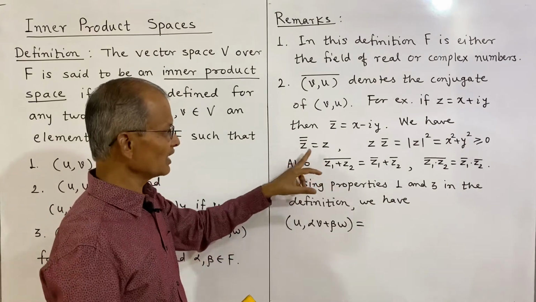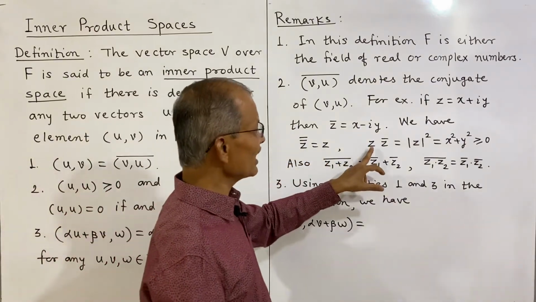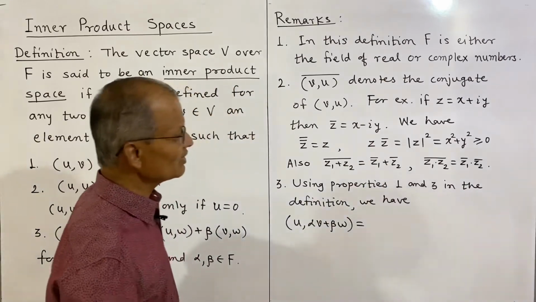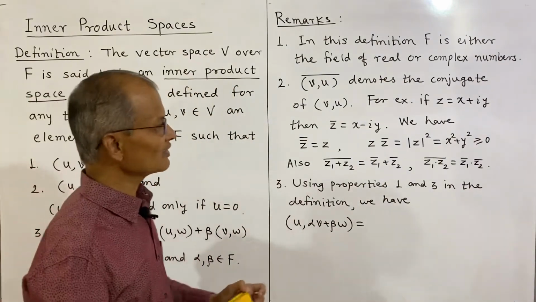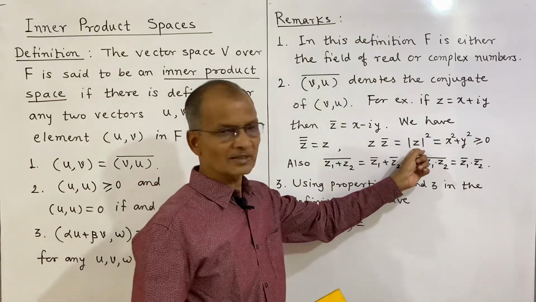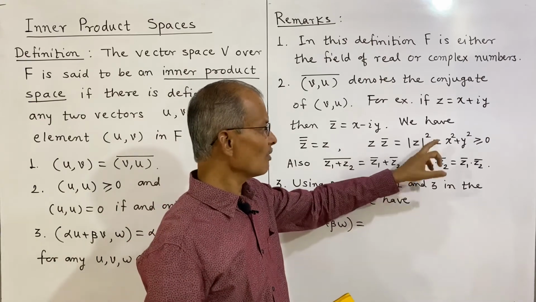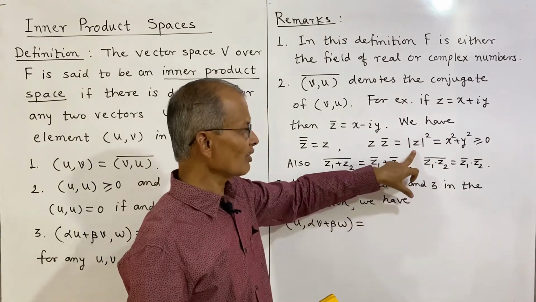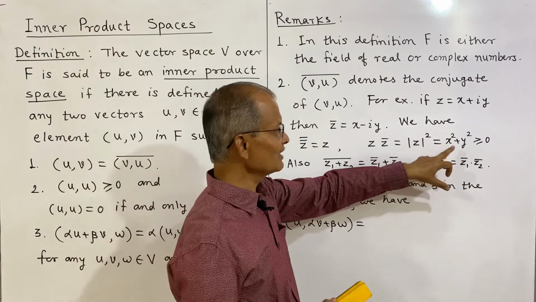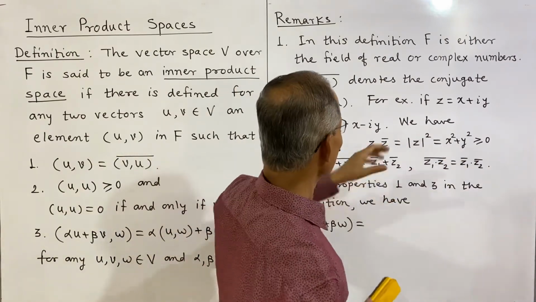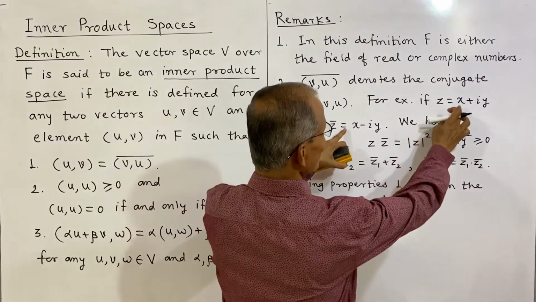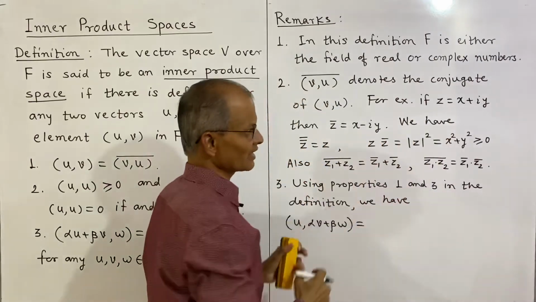Double conjugate of z is equal to z, and z into z bar, or z into conjugate of z, is denoted by mod z, means modulus of z whole square, and that is x square plus y square.